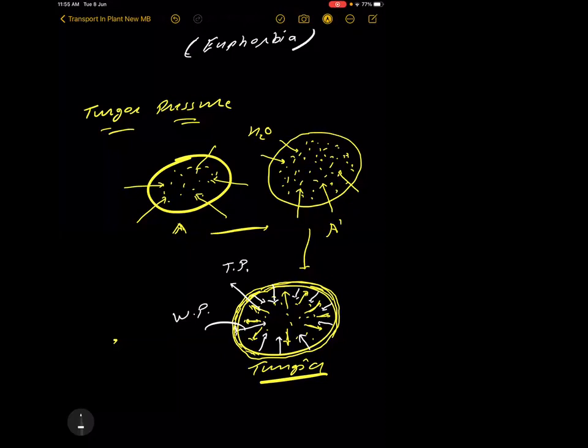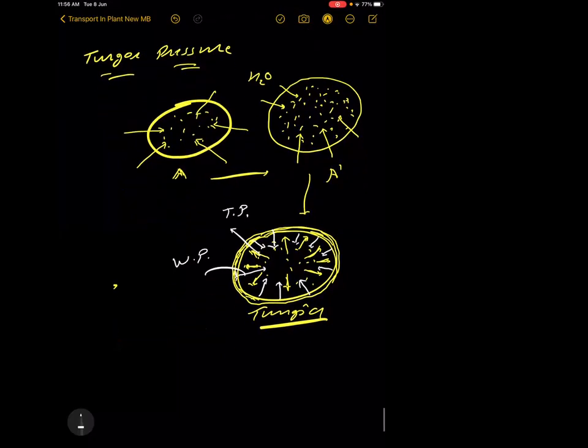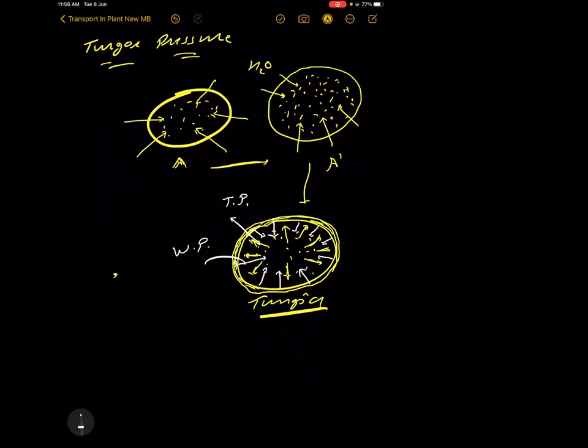That is wall pressure. But this wall pressure is only in the plant cell, because in an animal cell there is no cell wall, so no wall pressure. The cell will burst, it will be destroyed. Fine.